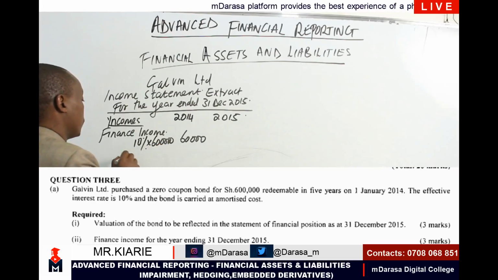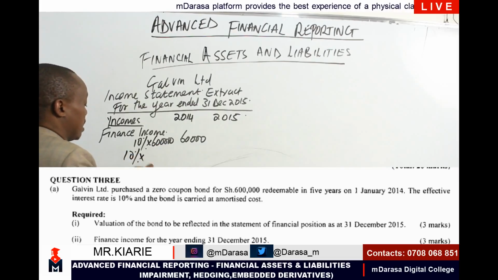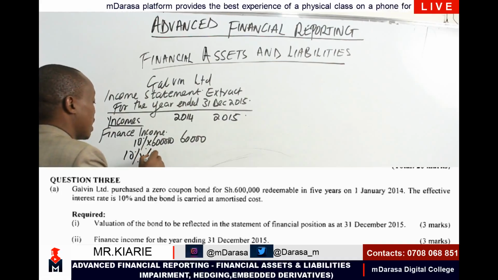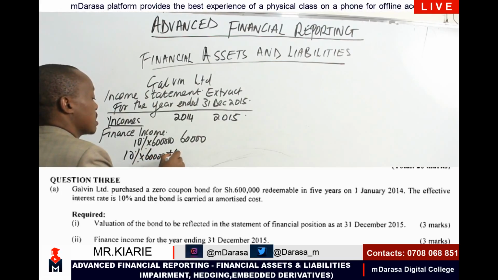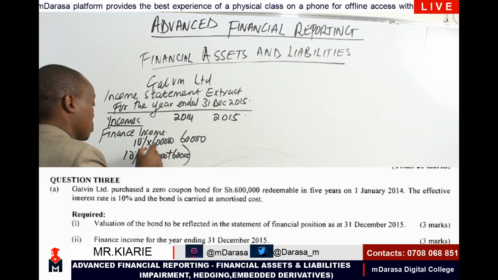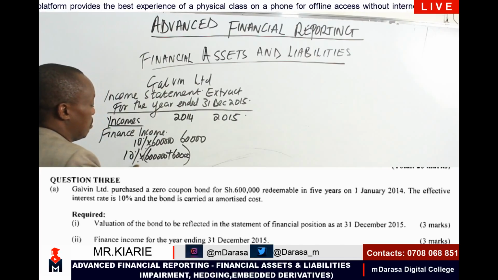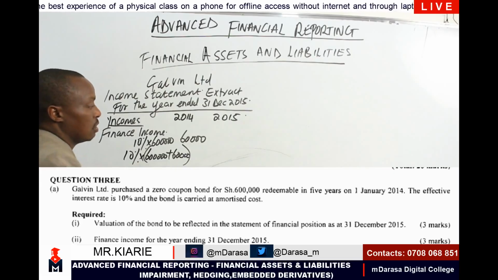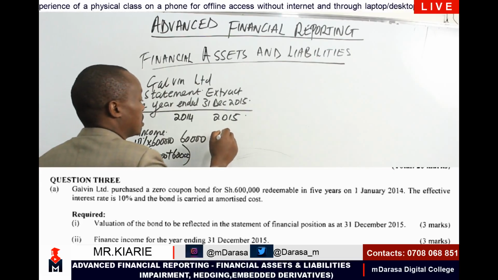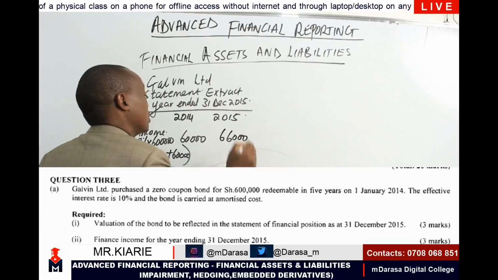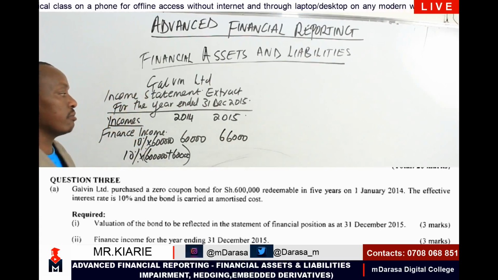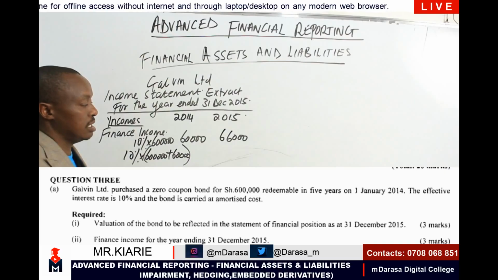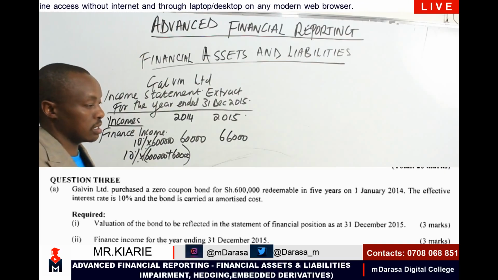For 2015, it will still be 10%, but on the cumulative amount, which is 600,000 plus the interest of the first year, 60,000. So it will be 10% of 660,000, which gives you 66,000. So what the examiner is looking for is the finance income of 2015, which is 66,000.